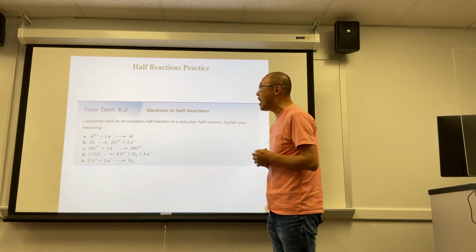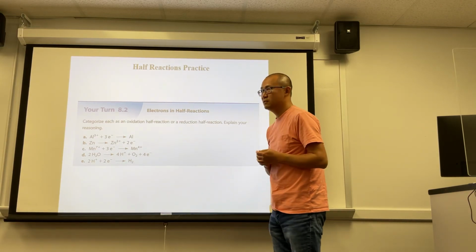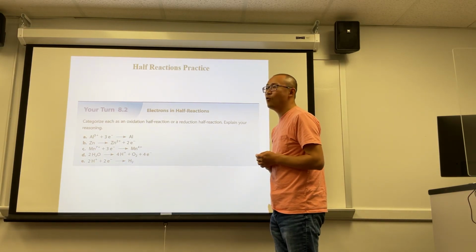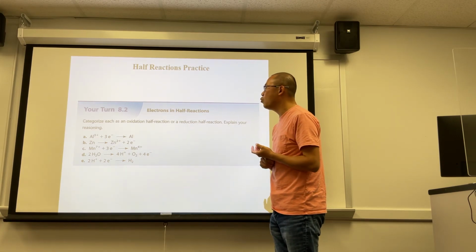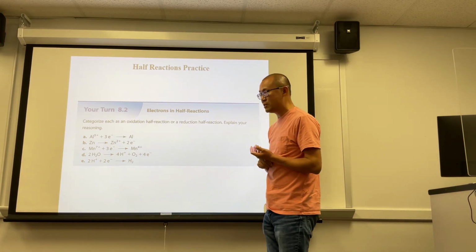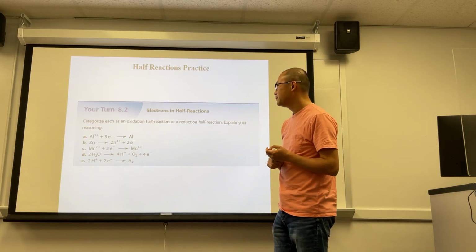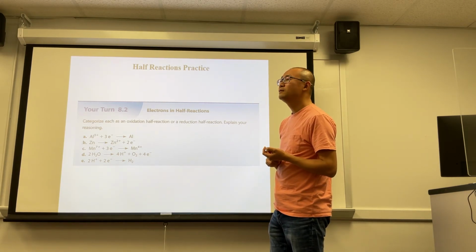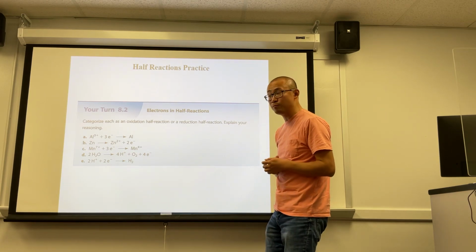Take a look at these 5 half reactions. Can you quickly tell what are oxidations and what are reductions based on what we just said? A would be a reduction because you're adding electrons. A reduction, great, yes.